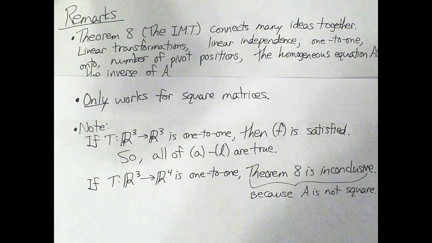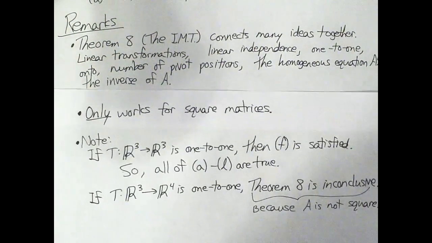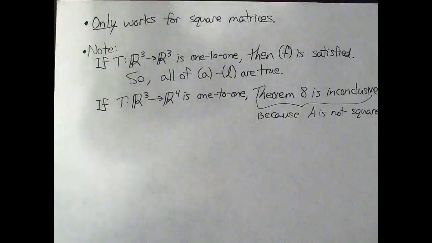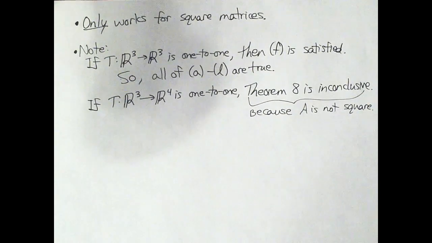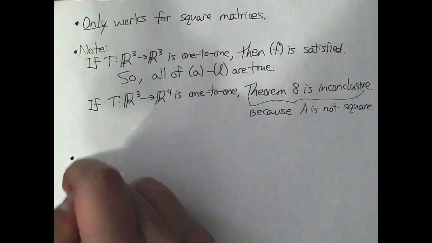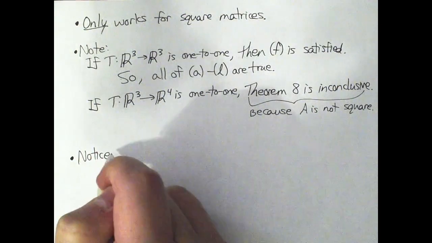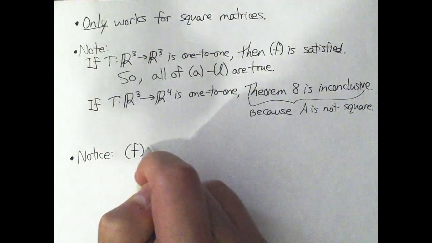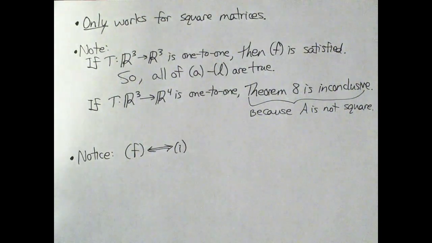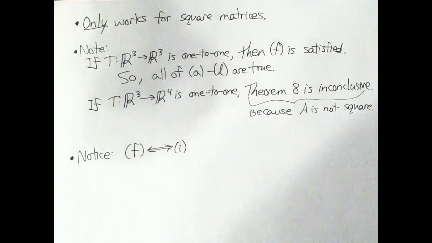A few more remarks. In particular, I'd like you to notice that F is true if and only if I is true. Now, those two statements were not connected directly on our diagram.